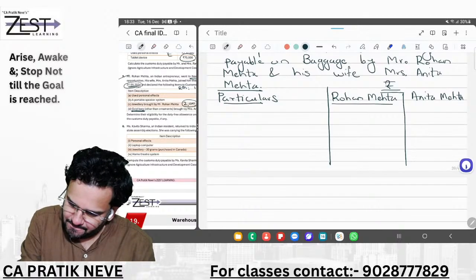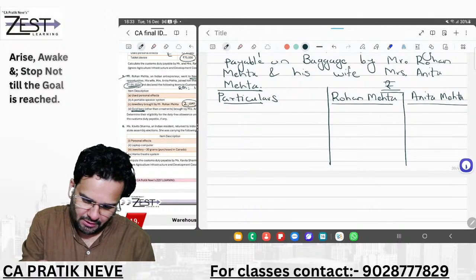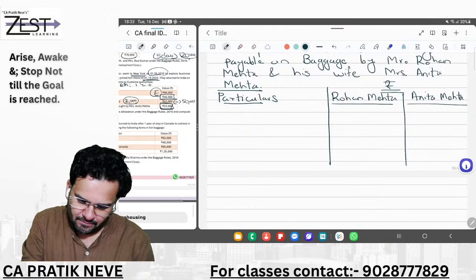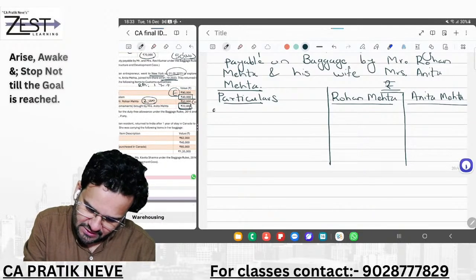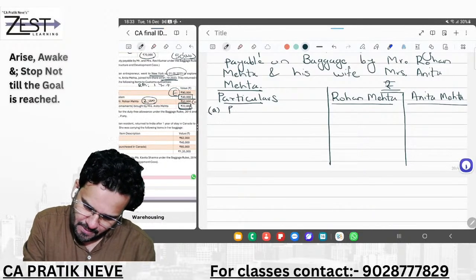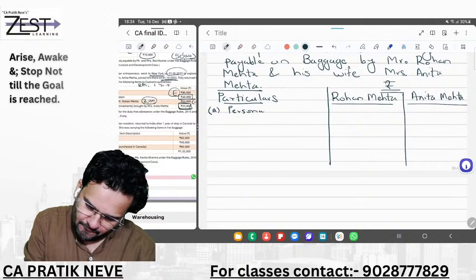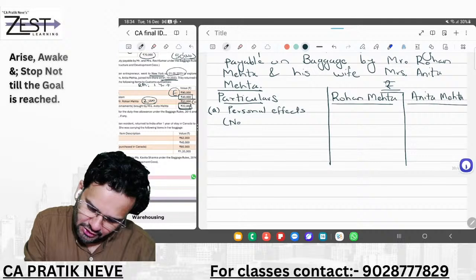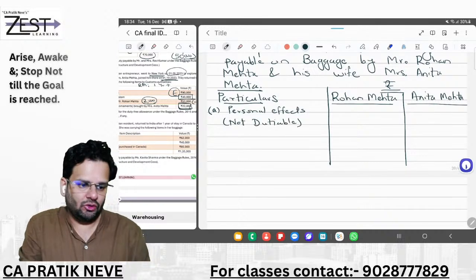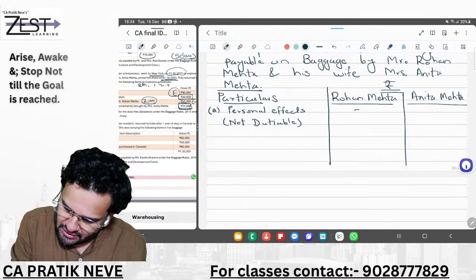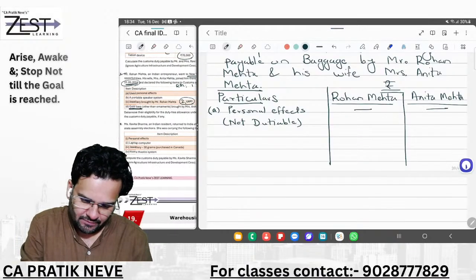Start with A point, personal effects. Used personal effects. So personal effects are not dutiable, or you can say that they are allowed duty free. So dash dash.